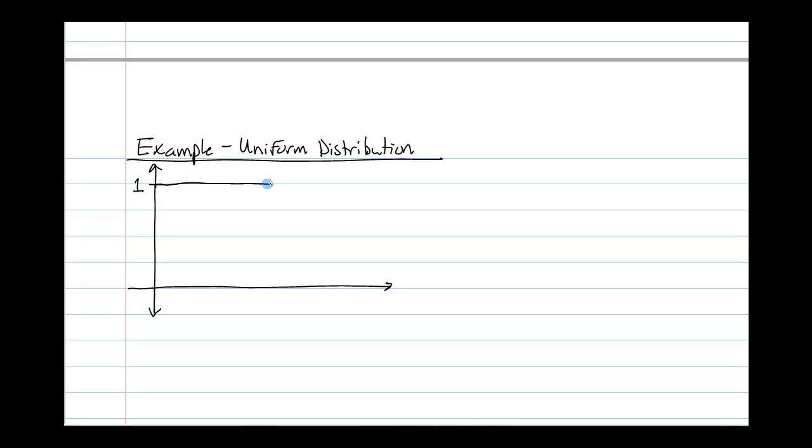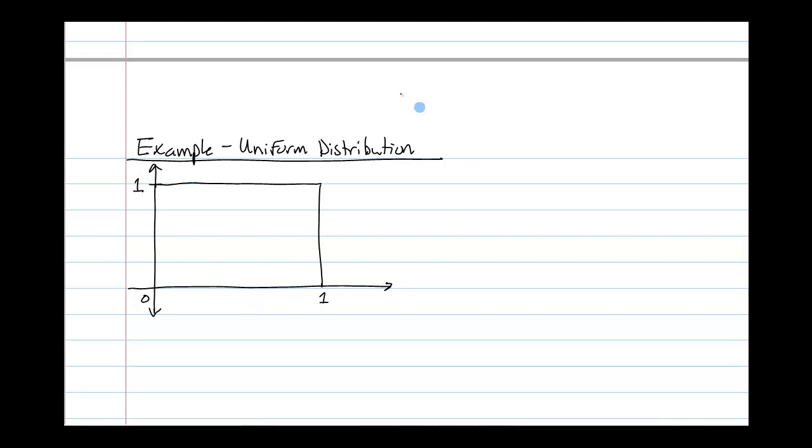Now for this uniform distribution, I know its height, and because I know its height, I should be able to talk about its area and verify that the total area underneath the curve is 1. So when I find the area of a rectangle, it's base times height. This particular rectangle has a height of 1, and if its total area is 1, that tells me that my base also has to be 1.